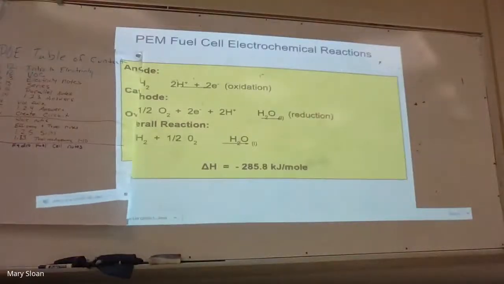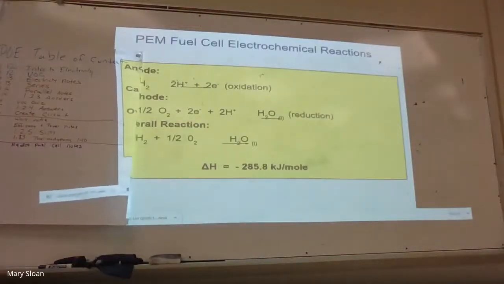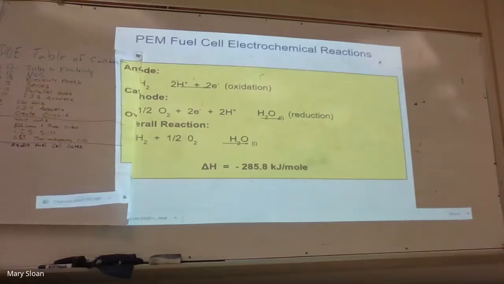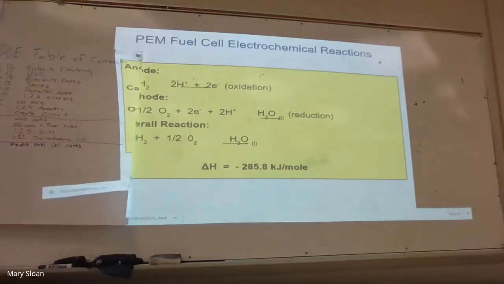So on our next slide, it talks about an anode and a cathode. That's a positive and negative terminal that's on a battery.